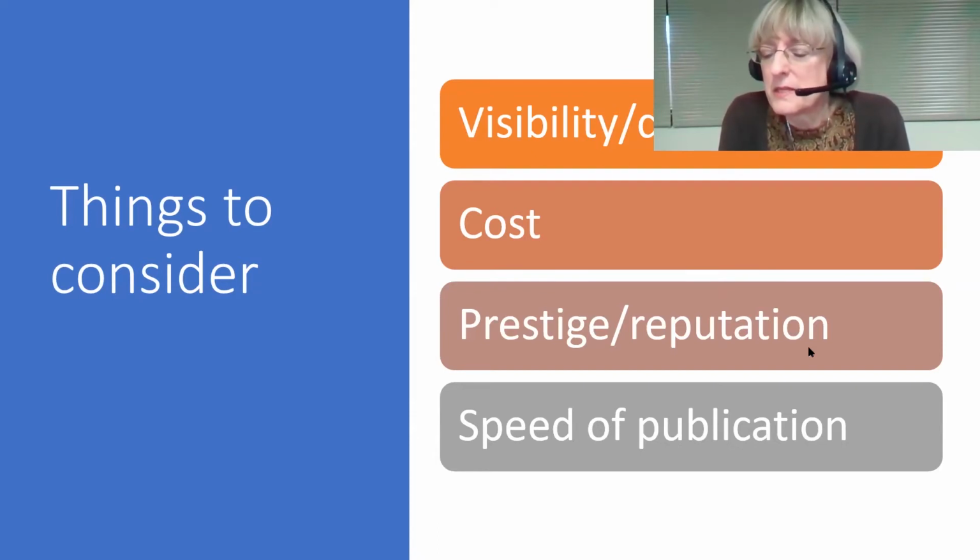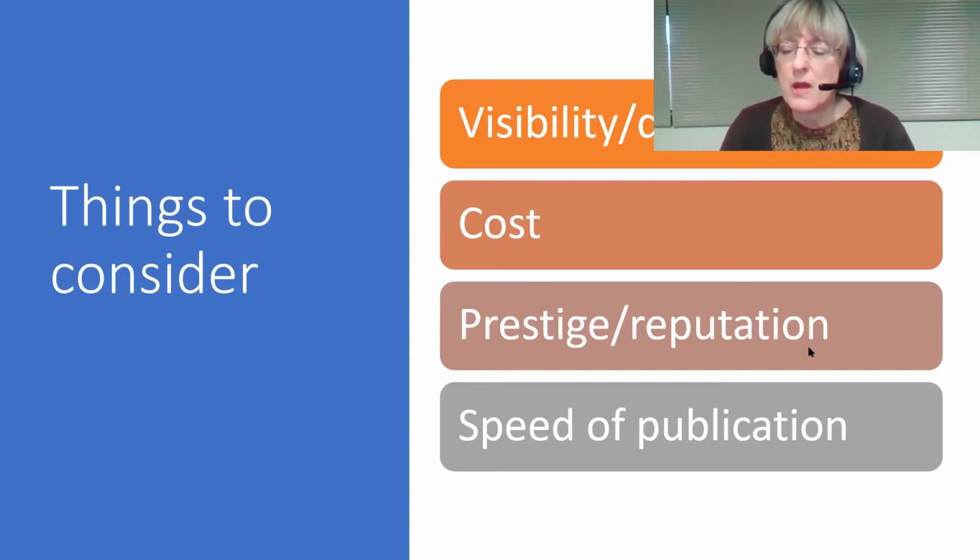And then in some cases, people care about the speed of publication. That's really something that ever since COVID happened people are paying closer attention to, and publishers are starting to give you that information up front. And it just depends on your subject area, whether that is going to factor into your decision or not.